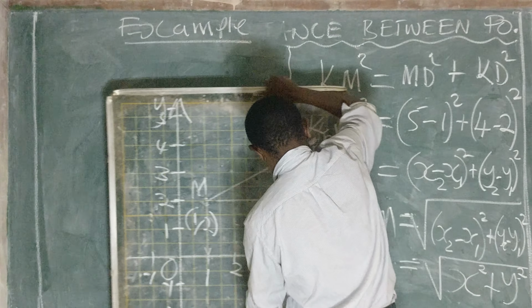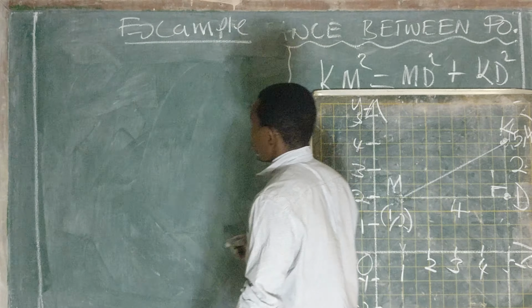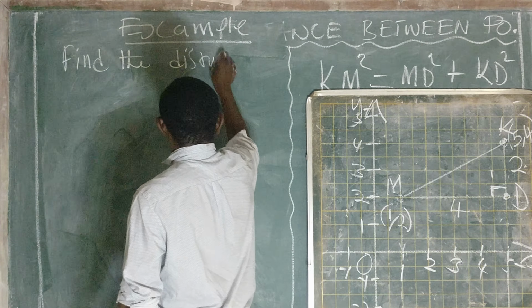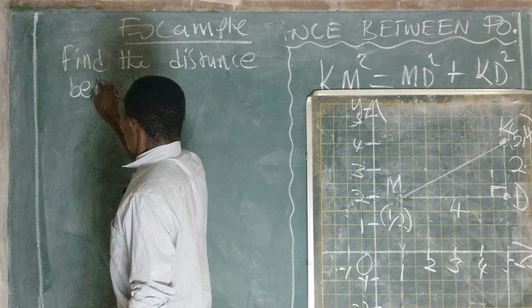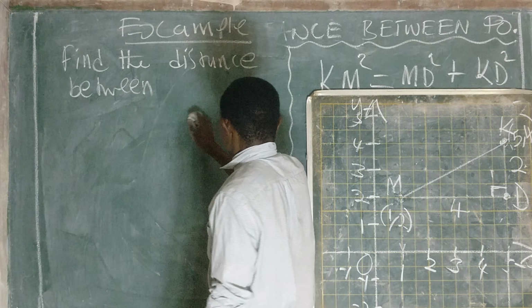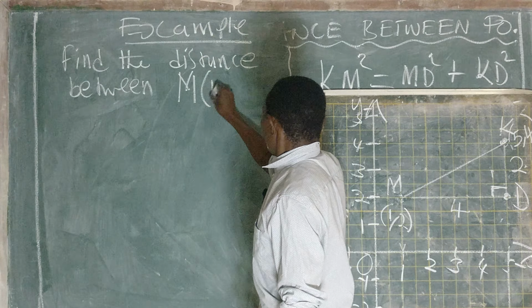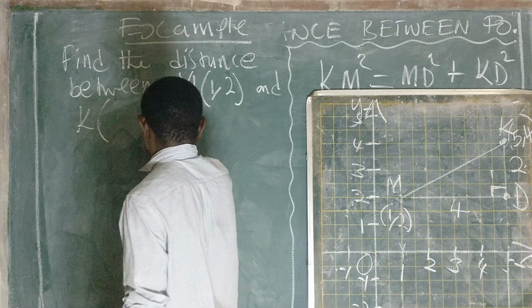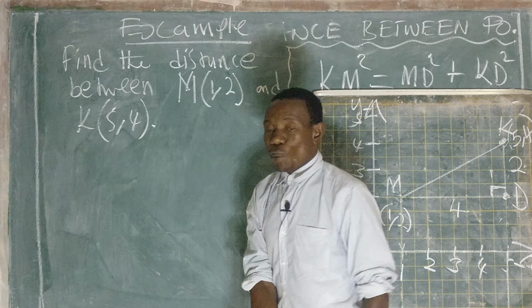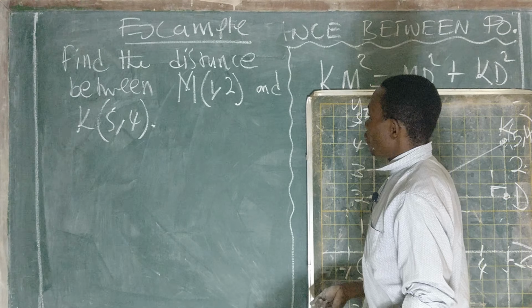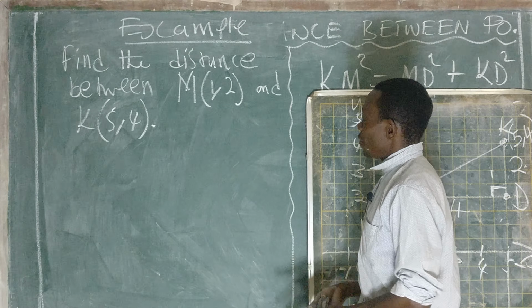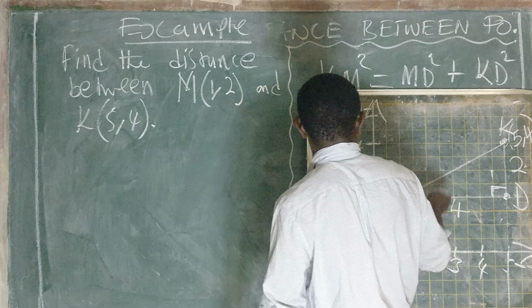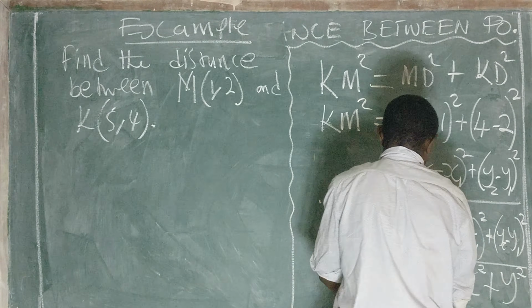So the question will be like, find the distance between m with coordinates 1, 2 and k with coordinates 5, 4. Right. So I don't think you should waste time with that one. You can introduce the Pythagoras Theorem there, or else you just come straight by using this formula which you have just composed, that is down here.